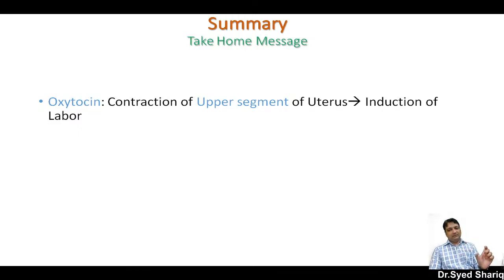Why? Because it causes contraction of the upper segment of the uterus, which is why the fetus is pushed downwards. Also, because of the contraction, the lower segment and the cervix are pulled upwards. Therefore, the cervix dilates and the whole birth canal is formed.